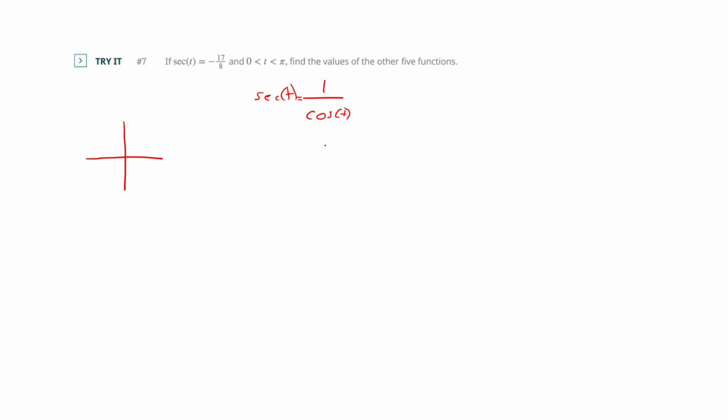That's true. So if secant is negative 17 over 8, then cosine, so let's go back the other way, cosine must be 1 over secant. And so I could just put in 1 over negative 17 over 8. Flip that around, I get negative 8 over 17.